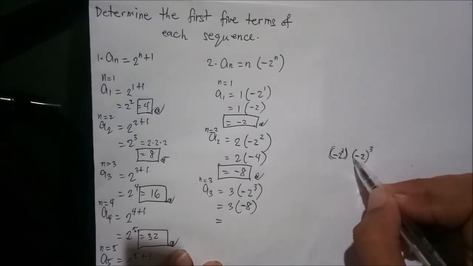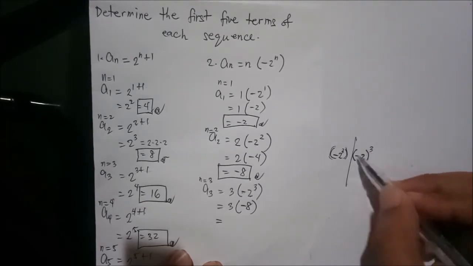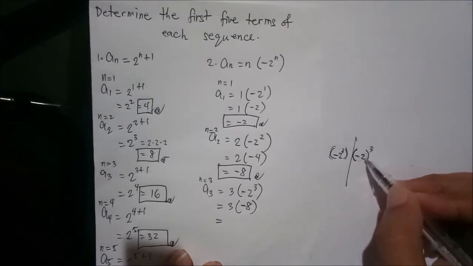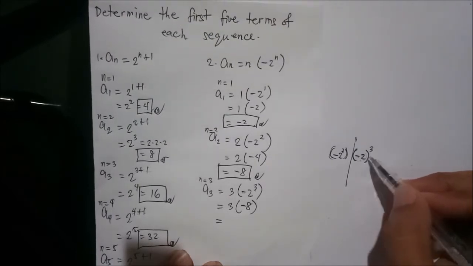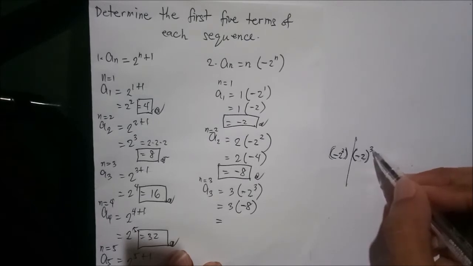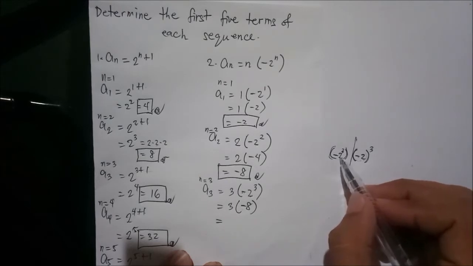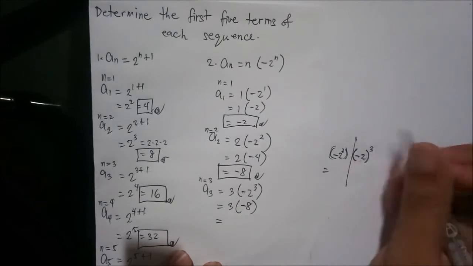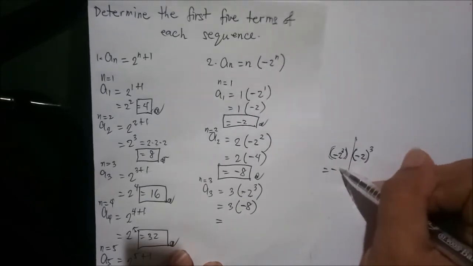But in another example, open parenthesis negative 2 close parenthesis to the power of 3, all the numbers inside the parentheses, including the sign, have a power of 3. But here, only 2 has the power of 3. So that's why negative 2 to the power of 3 is negative 8.